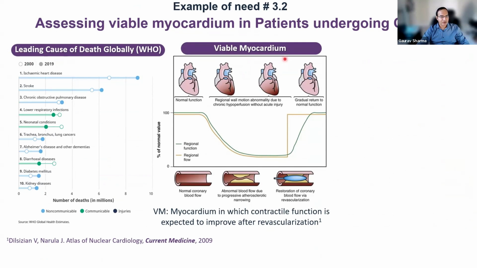When there is coronary artery disease, you see typical normal flow in the heart, and when there is abnormal blood flow due to progressive atherosclerotic narrowing, you see regional wall motion abnormality due to chronic hypoperfusion. Then with surgical intervention, for example coronary artery bypass graft, or removing this plaque, the heart gradually returns to normal function and typically reaches the normal value.